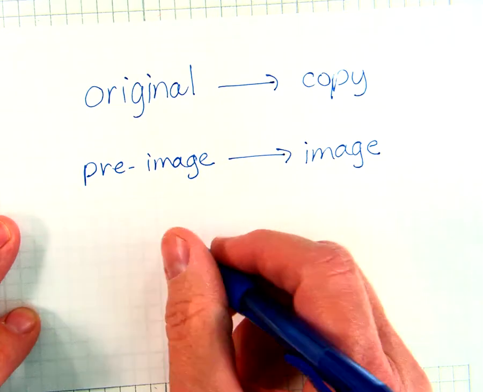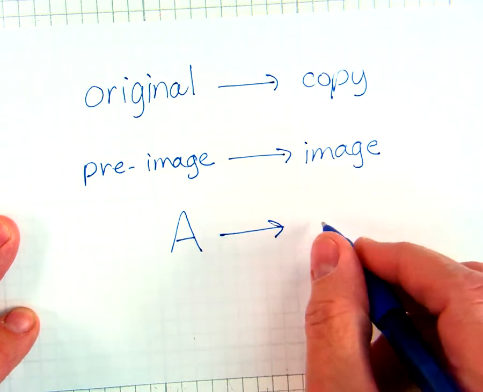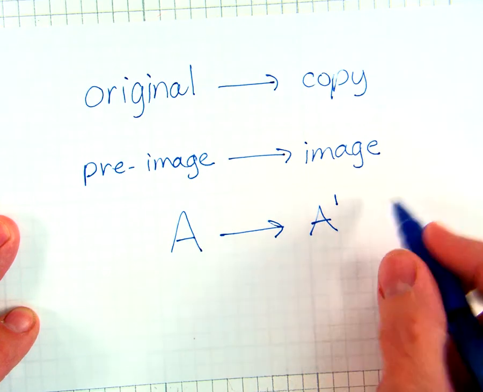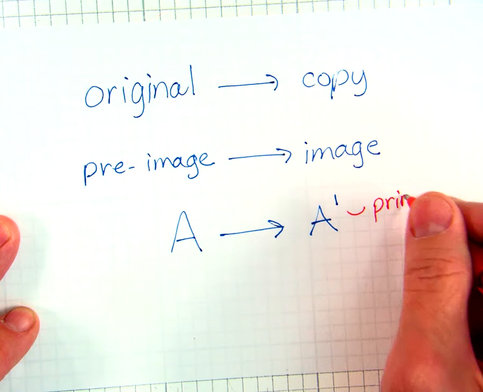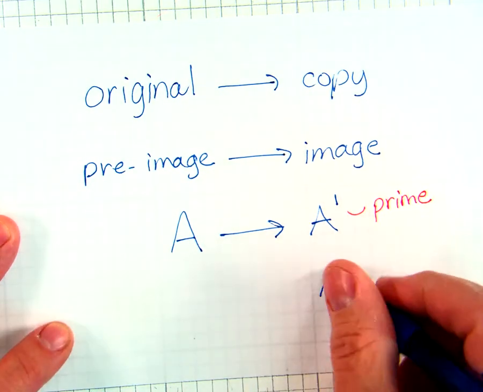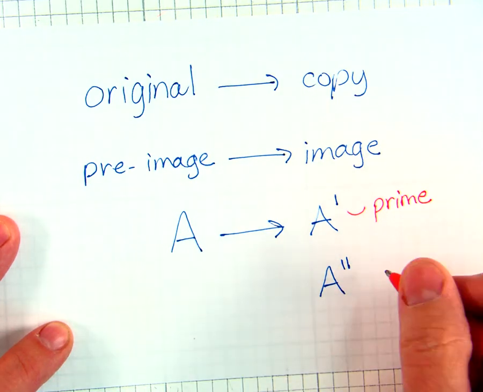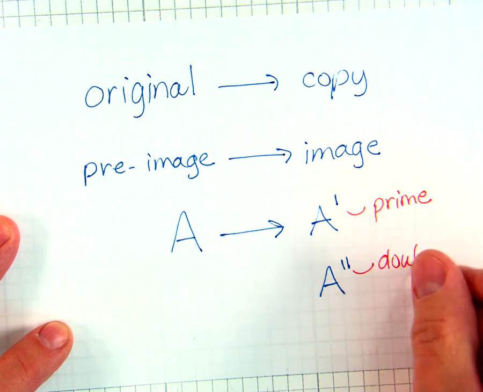If a point in particular is named A, then we'll name its copy or its image A prime. That's a little apostrophe, and we call it prime. That's how we pronounce it. If you make a copy of a copy, or the second copy, it would be two little marks, two little apostrophes or a quote mark, and we would call that double prime.